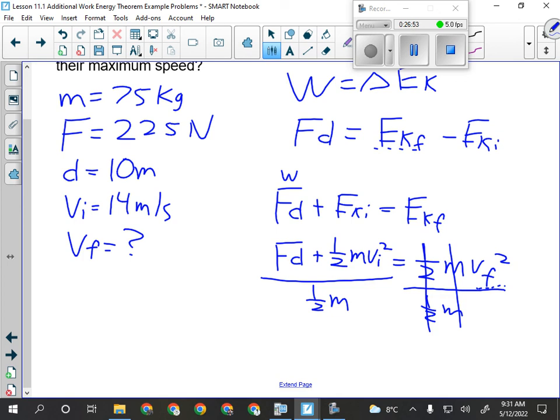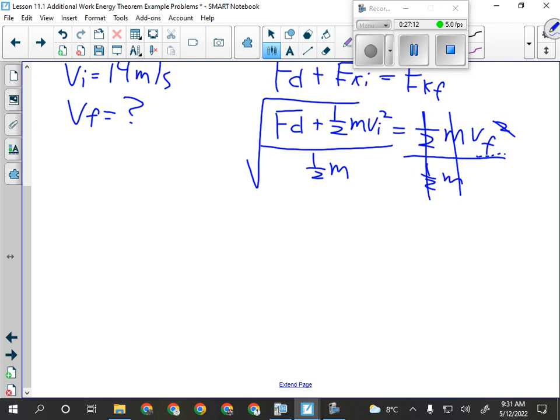What do I want? I just want VF, so what do I have to do with everything? Square root it all. Okay, like I said, that's the trickiest algebraic manipulation that you will likely have to do in this whole course. Right there. Okay, you had to do quite a few little algebraic steps to get to this. So, when we solve this for good and plug in our numbers, it's going to look like this.